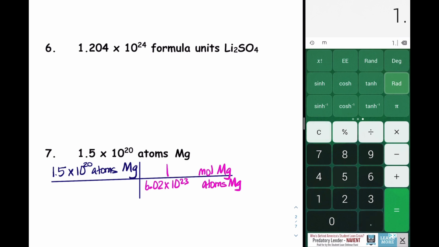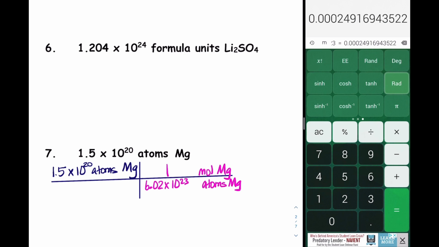Once again, because we're converting from atoms to moles, we'll be dividing by Avogadro's number. So 1.5 EE, which is exponent 20, divided by 6.02 exponent 23 equals 0.000249. Okay, so we want to put this value into scientific notation and use significant digits.